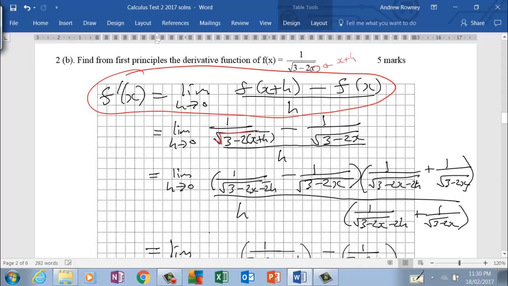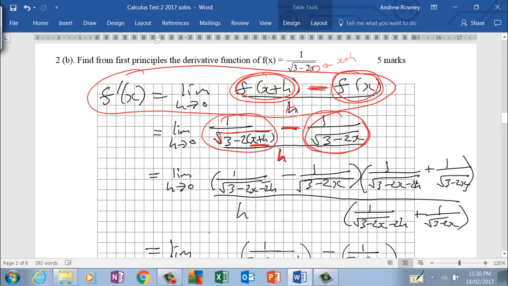Square root of 3 take, instead of 2x, it's 2x plus h. That's that one done there. F of x plus h is equal to this one here. And then you've got minus, and then we've got f of x, and that's replaced with f of x there. And we've got h on the bottom, h on the bottom.